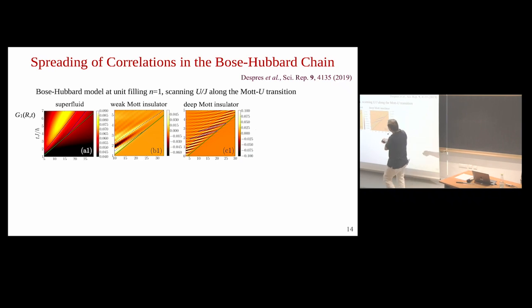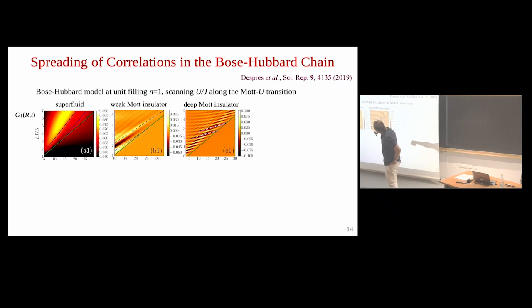So the overall structure is that, first of all, we see two features. So you have here the edge, where the correlations are very strong here and smaller here. I should say that with the beamer, it's not that easy to see that there is a threshold. But if you plot cuts at different times, you will see that there is a start of growing at the position of the green line over here.